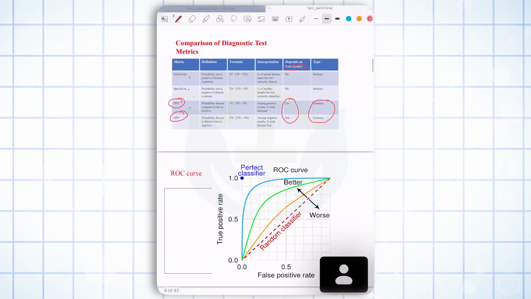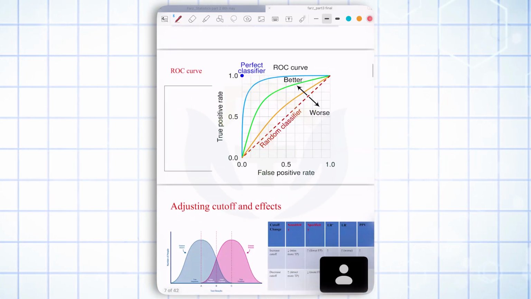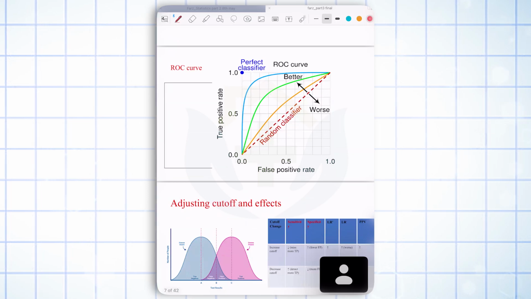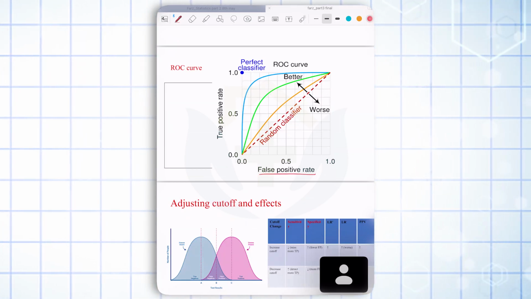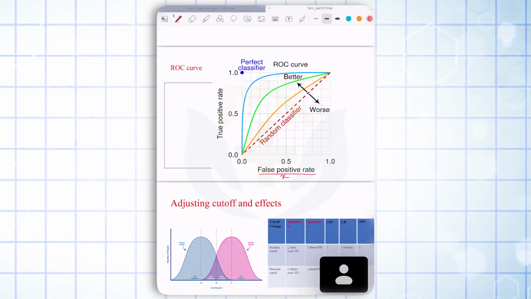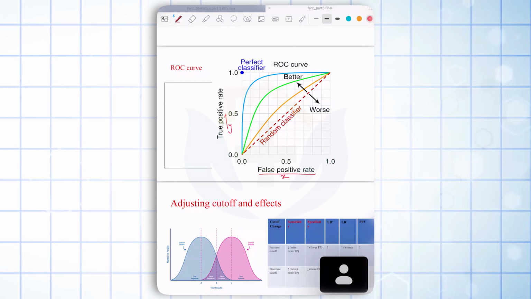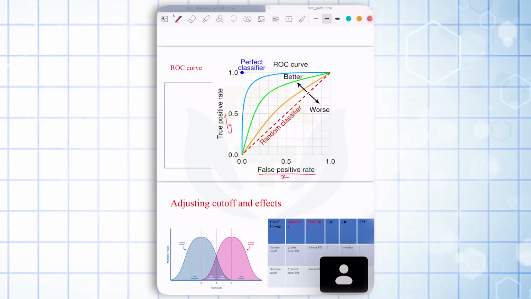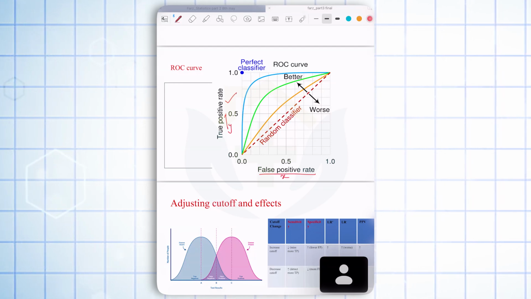So coming to the ROC curve. See the ROC curve, what is designed is that for a particular false positivity, we compare: the x-axis will be the false positive rate and the y-axis will be the true positive rate, meaning that whenever I have a low false positive rate, I want a test which has a high true positive rate.